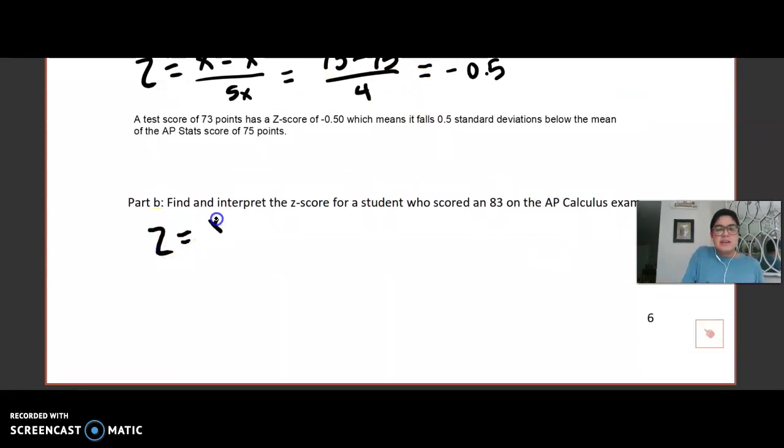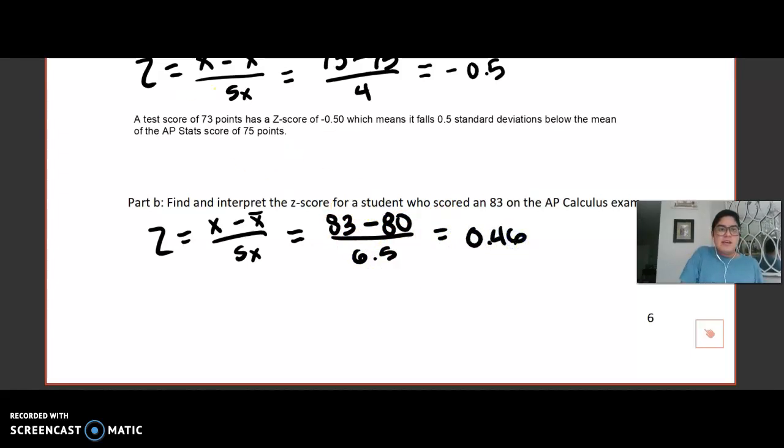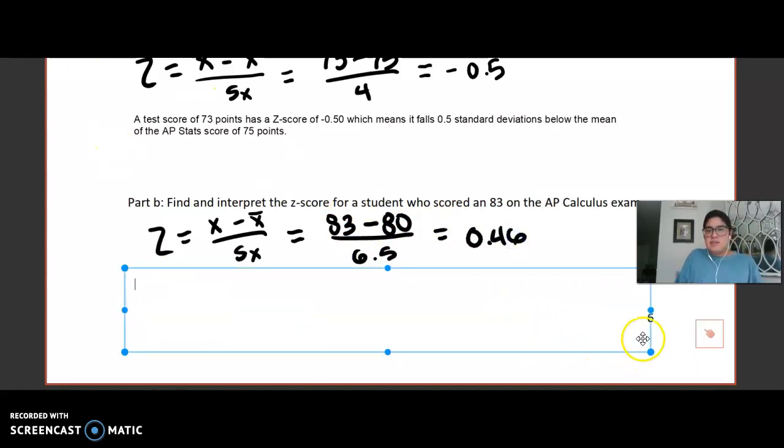So here, again, I want x minus the average over the standard deviation. So an 83 in AP Calc minus 80 divided by 6.5 is going to be roughly about 0.46. And so our interpretation is going to sound like so.